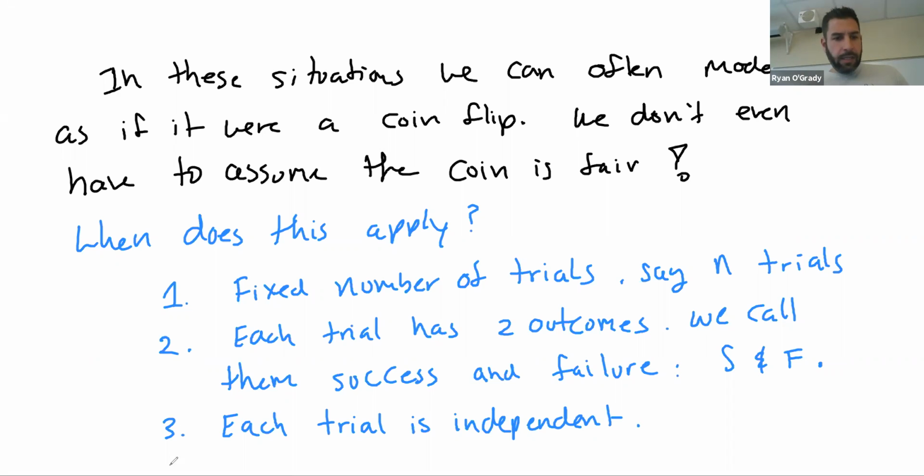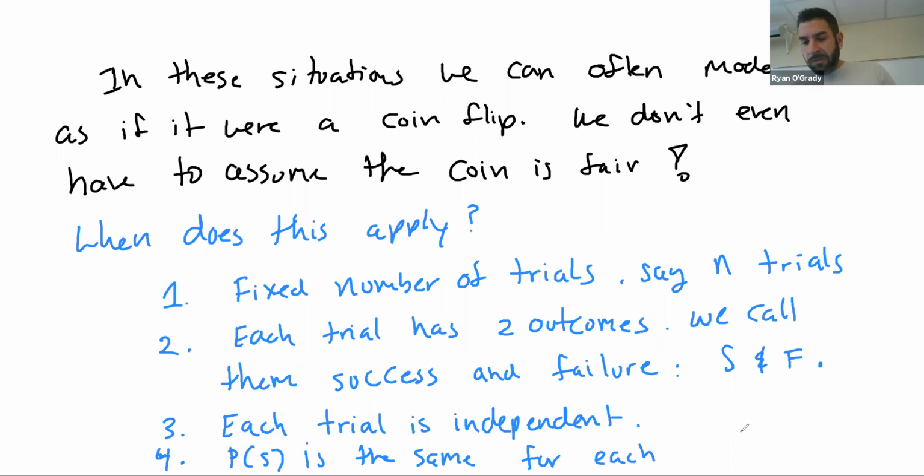And the last thing that we must have to mimic the coin flips is that the probability of a success is the same for each trial. That's exactly how a coin flip was, and rolling 2 dice or 3 dice. The probabilities don't change.